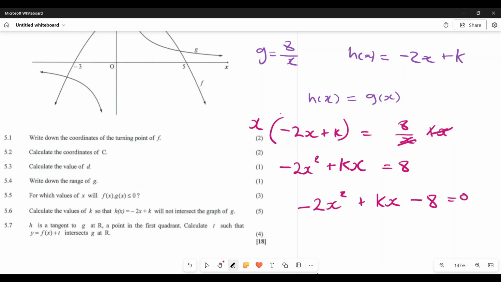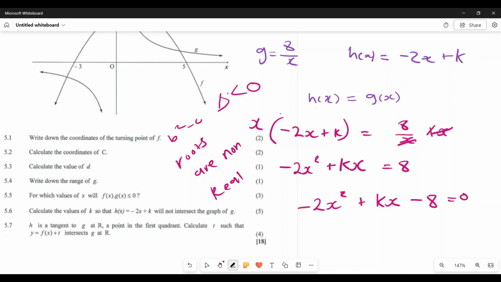Now, what is the next step from here? As you could see, this is a quadratic equation. And these two graphs will not intersect one another only if their roots are non-real. Right? And remember, for roots that are non-real, you need to take your discriminant, and your discriminant should be less than 0. Now, what is your discriminant?